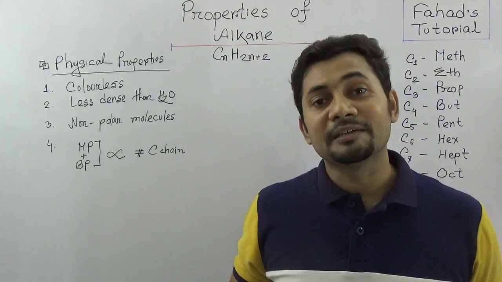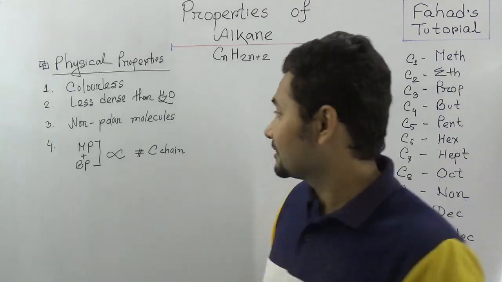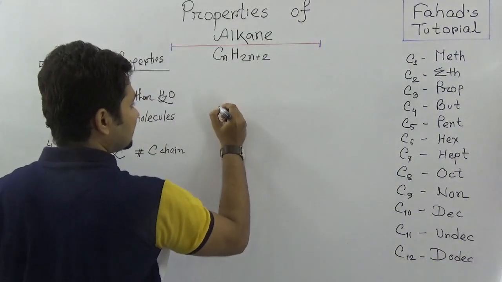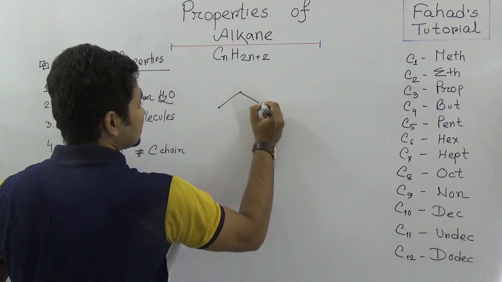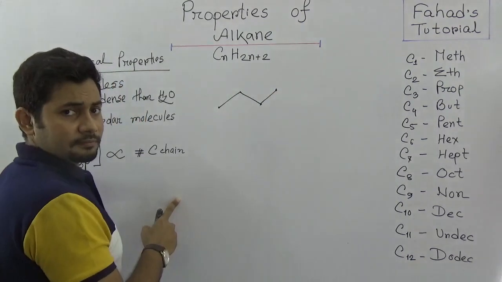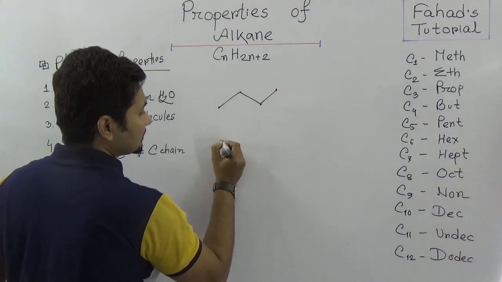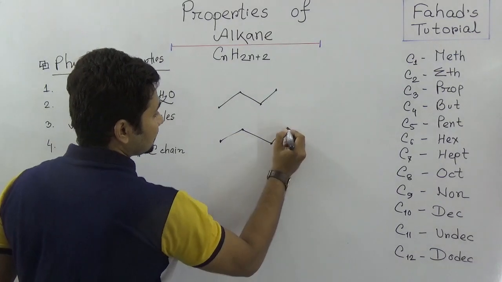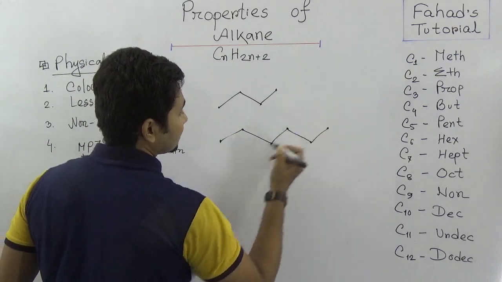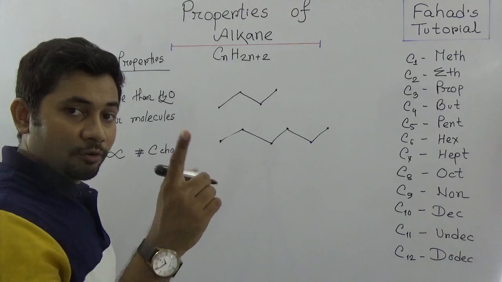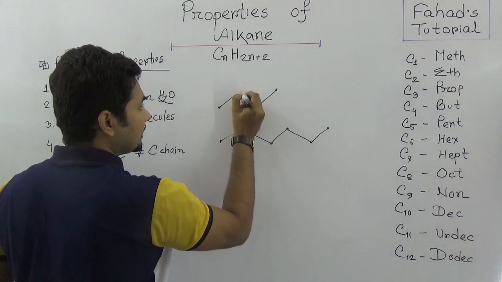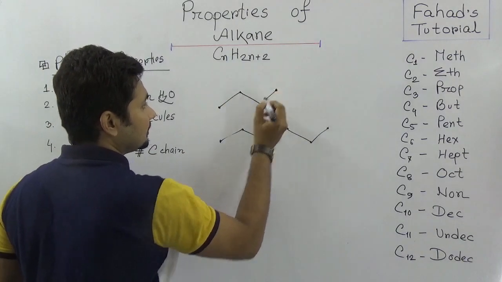The melting point of alkane is definitely higher than the melting and boiling point of heptane, because of the number of carbon. If you see, this is butane and this is hexane. I hope you know that each single dot represents a carbon.